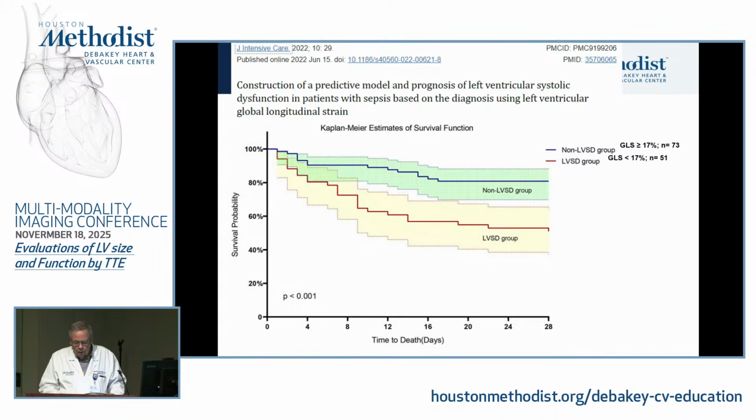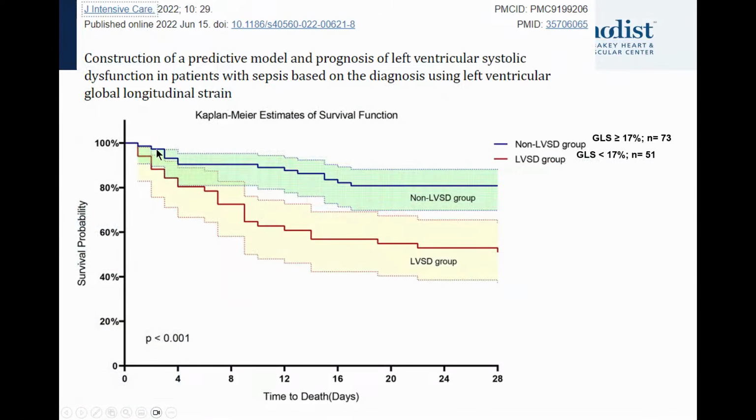And lo and behold, they used 17% as the marker. And this is the survival, again, just straightforward survival of the group that had preserved GLS, 17 or better, versus the group with a depressed GLS, all right? And this is days. This is not months, this is days, because these are critically sick people.